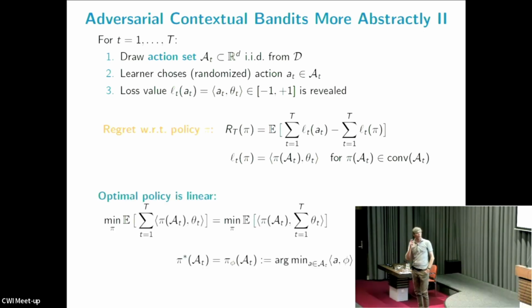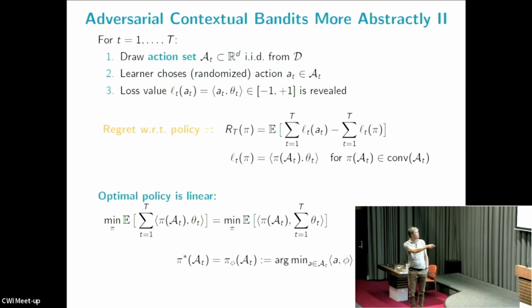All right. So then in this setting, generalizing from the previous case, it's actually easy to derive that the optimal policy, the one that we want to compete with in the end, in expectation, is going to be of a linear form. Because if we want to find a policy that minimizes this expected cumulative loss, where this expectation now is also over the randomness in the A_t, then just moving this sum inside, because the A_t are IID, I get a sum over the theta t vectors.